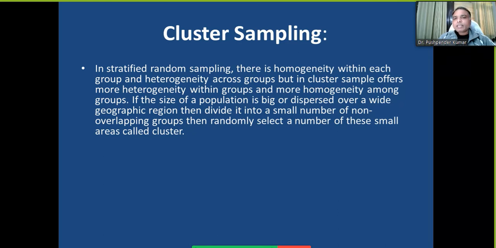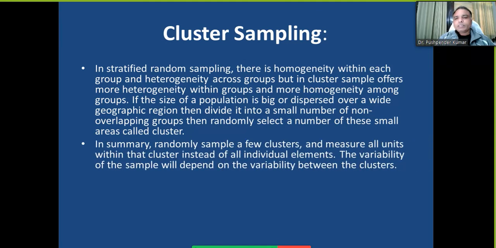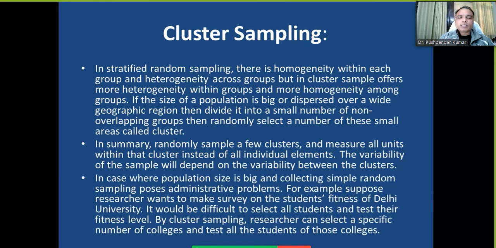If the size of a population is big or dispersed over a wide geographical region, then divide it into a small number of non-overlapping groups, then randomly select a sample of these small areas called clusters. In summary, randomly sample a few clusters and measure all units within those clusters instead of all individual elements. The variability of the sample will depend on the variability between the clusters.